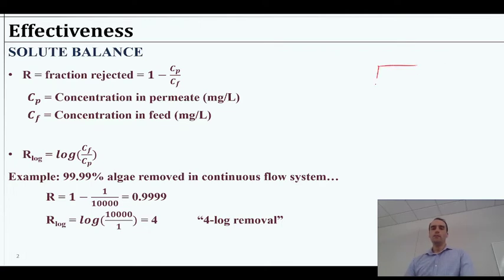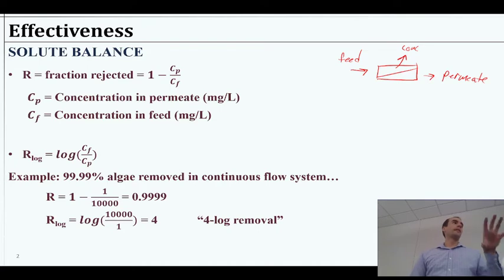So just briefly, we have some sort of membrane system. Some of it is rejected. That's going to be our concentrate. Some of it makes it through. That's our permeate. And of course, we've got the feed. So to think about what fraction is rejected, without looking at the formula for a moment, the fraction rejected is going to be essentially whatever is in the concentrate.